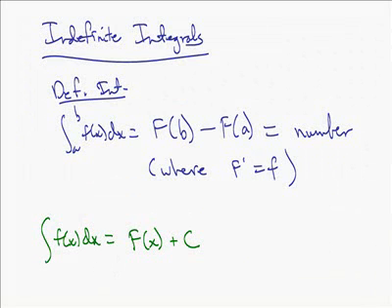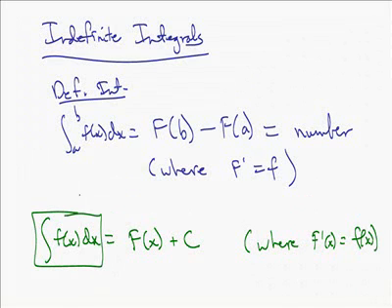That's just going to be the most general antiderivative of our function. Okay, so again, where F prime of x equals little f of x. So now if we see this notation, what it means is that we're looking for the antiderivative of this function, f of x, right here. All right, we'll see some examples of that.